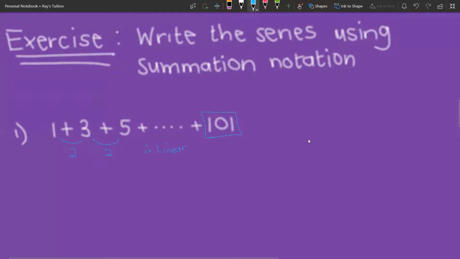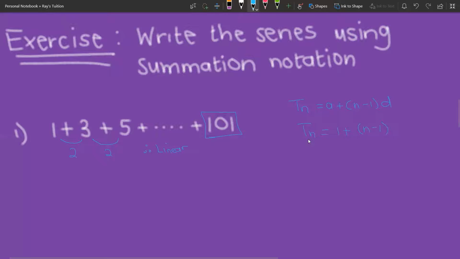So let's start by finding the general formula for the arithmetic series. The general formula for the arithmetic series follows the formula a plus n minus 1 times d. If you are unsure, you can watch our previous videos. So Tn, we want to find the general term. We substitute a, which is the first term, which is 1, plus n minus 1.